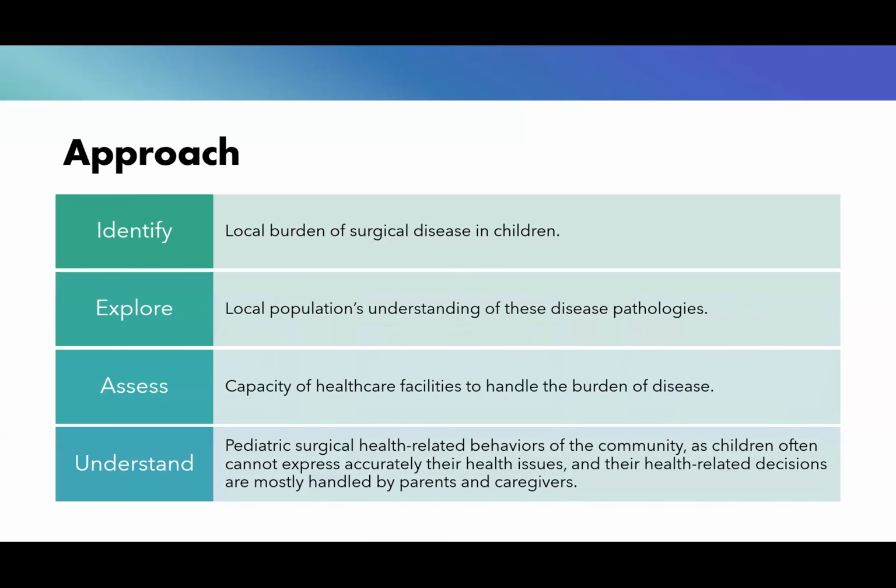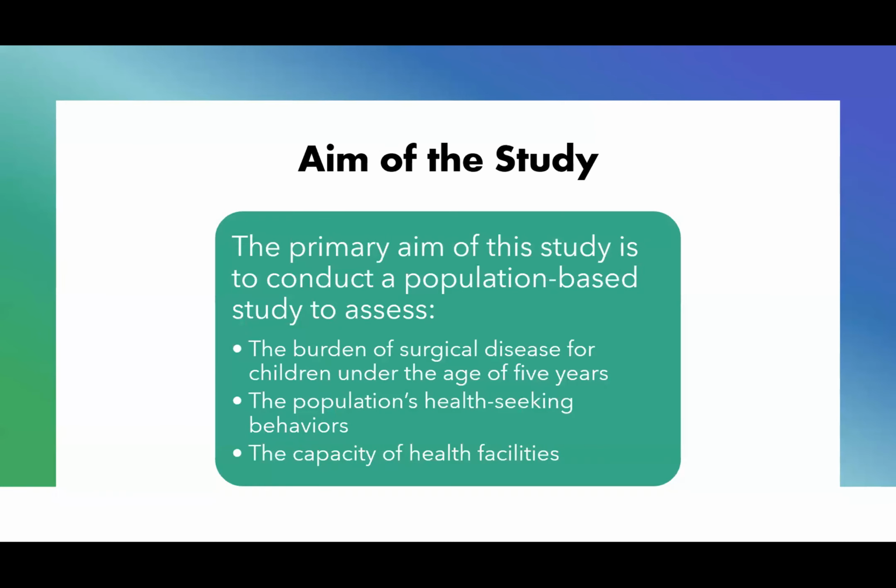So our approach was to identify the local burden of surgical disease in children, to explore the local population's understanding of these disease pathologies, to assess the capacity of healthcare facilities to handle the burden of the disease, and to understand the pediatric surgical health-related behaviors of the community, as children often cannot express accurately their health issues, and their health-related decisions are mostly handled by parents and caregivers.